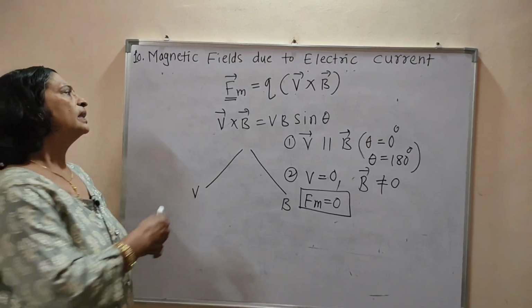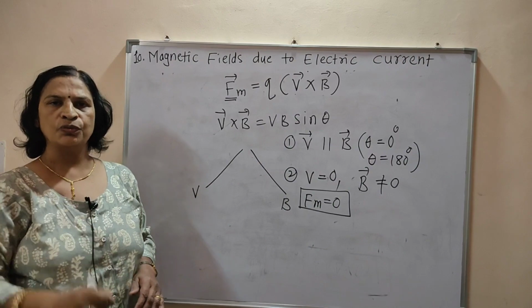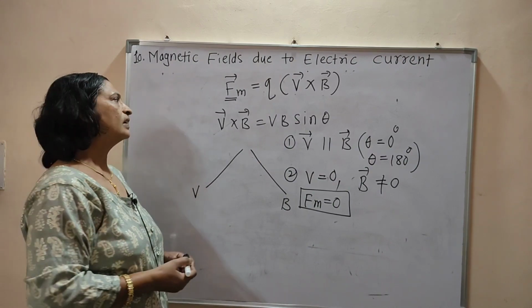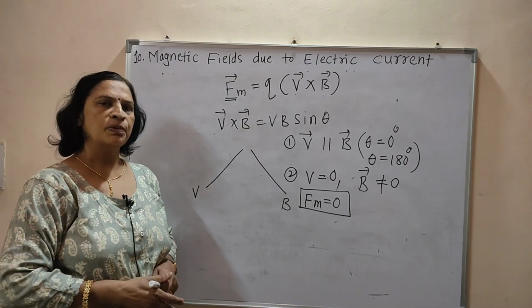At that time the direction of force is perpendicular to the plane containing these two vectors. Understood? This is the consequence of the Lorentz force.